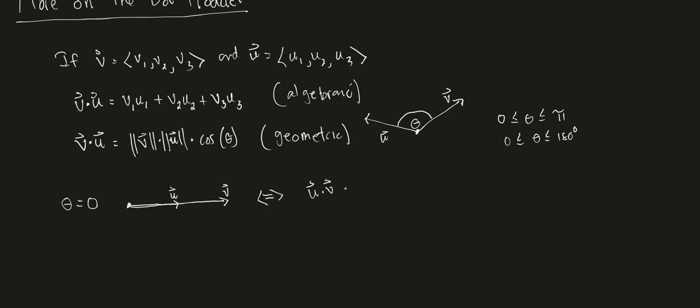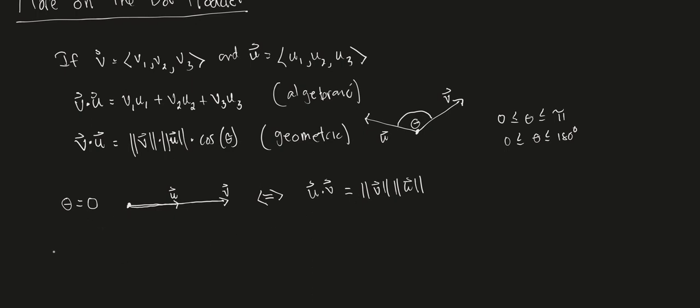So U dot V, in this case, if the cosine of theta is equal to 1, is simply the product of the two magnitudes. So if the vectors have an angle of 0 between them, then the dot product is simply the product of the two magnitudes.